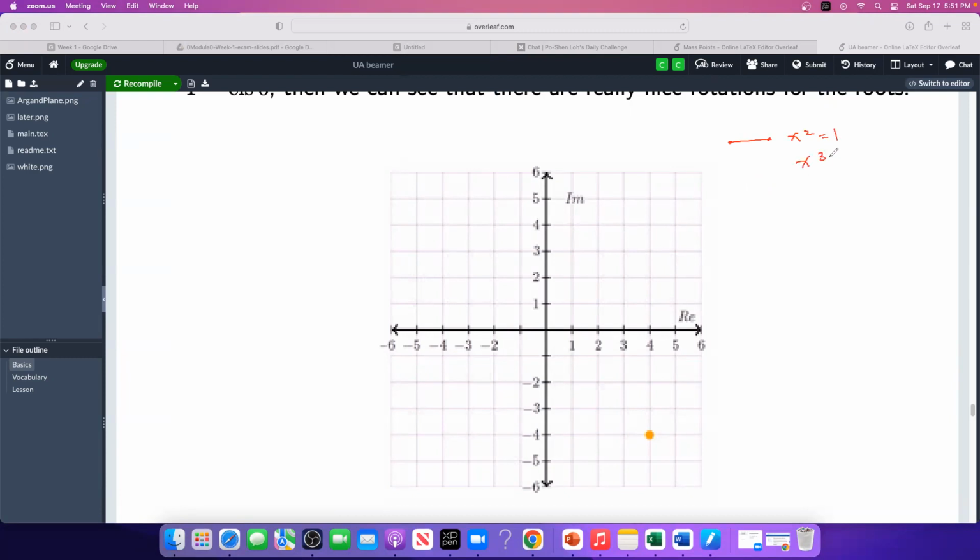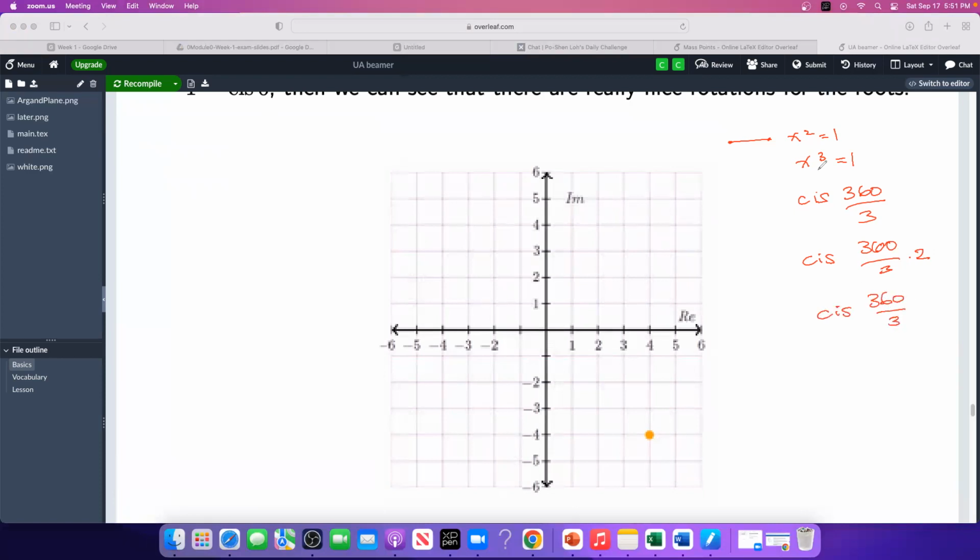X cubed equals 1 is going to be a little different. So x cubed equals 1. I'm actually going to just show you guys the solution. You guys can learn how to. The answers are cis 360 divided by 3, cis 360 divided by 3 times 2, and then cis 360 divided by 3.